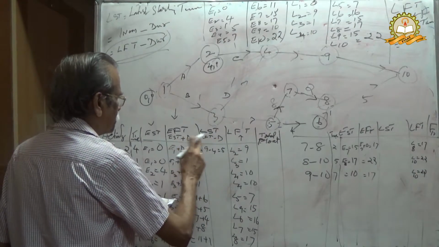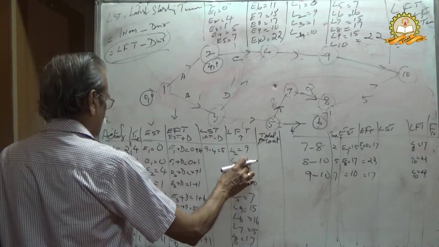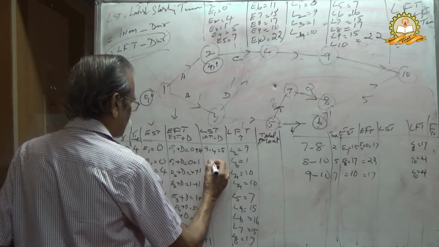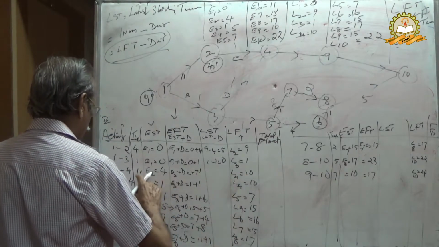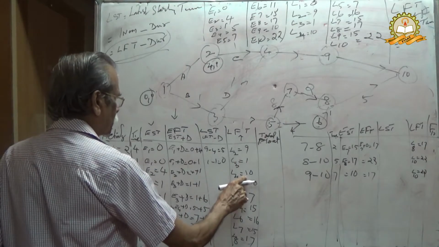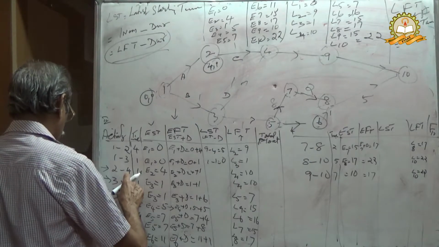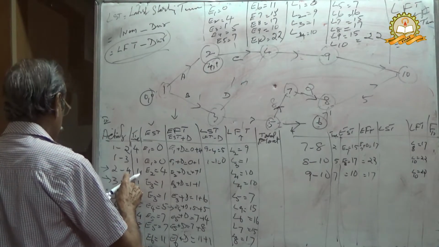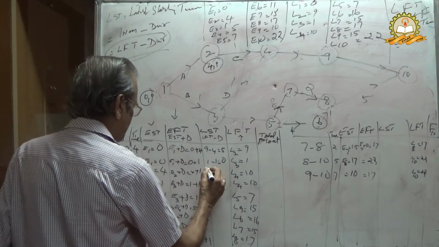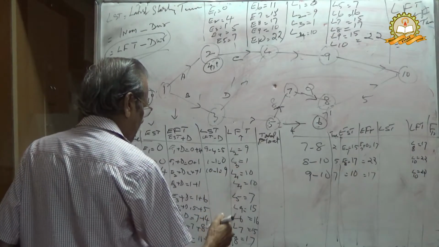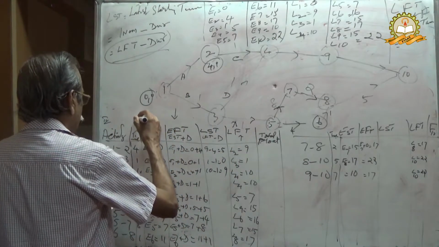Here it is plus duration, here it is minus duration. Here it is 10 minus duration. Sorry, L4 minus duration. Duration is 1. 10 minus 1, 9.